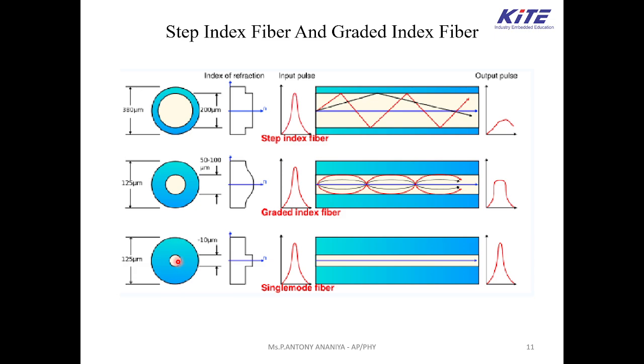The second one is graded index fiber. In graded index fiber, the refractive index decreases continuously between the axis and cladding. In this case light rays bend smoothly as they approach the cladding, rather than at the core and cladding boundary.